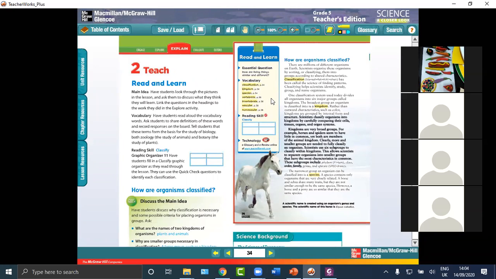In this lesson, we will try to describe kingdom and species, and we will describe organisms in the 6 kingdoms.